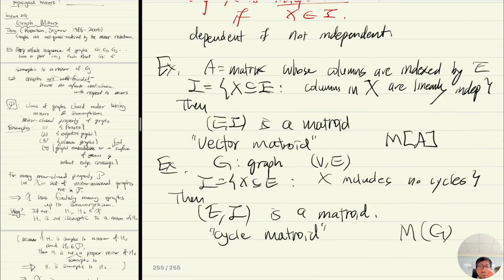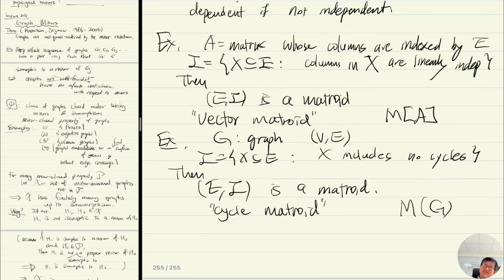What about the third axiom? If you have two sets of edges, X and Y, both forests, and X has fewer edges. This is actually an easy exercise, so let me show you the simplest case. If there's a vertex incident with edges in Y which is not incident with X, then I'm happy: I can just add this edge to X and still maintain the property that X has no cycles.